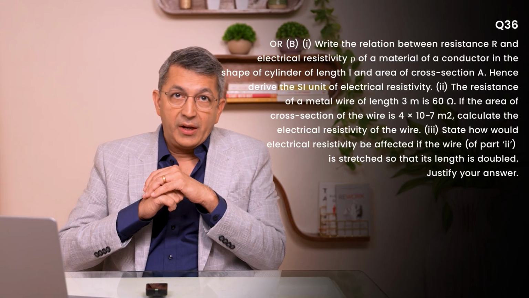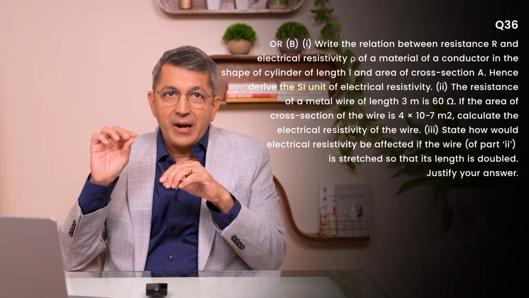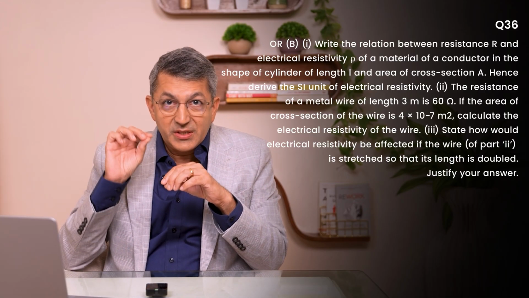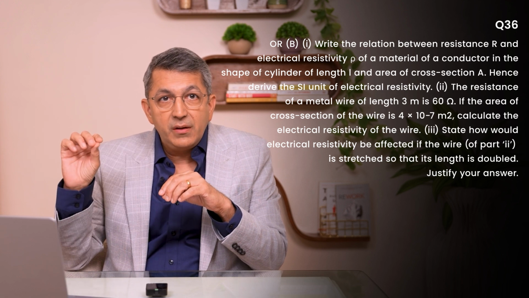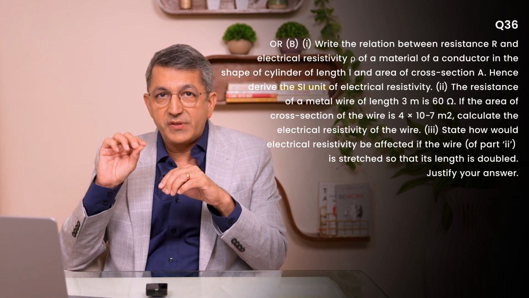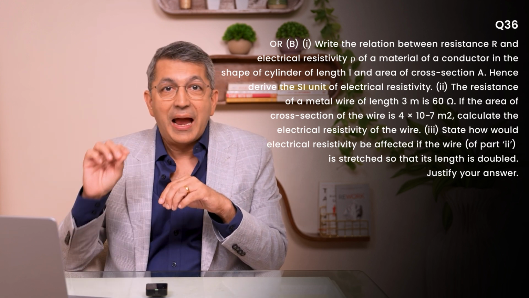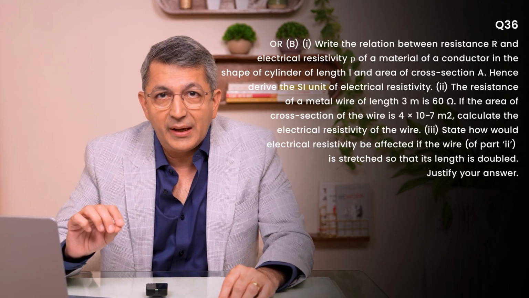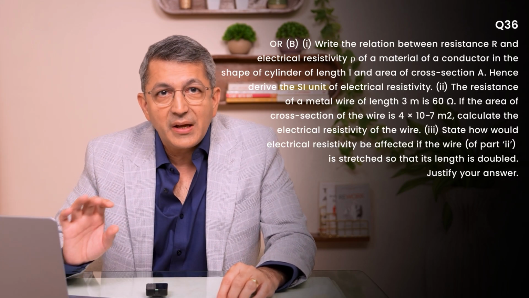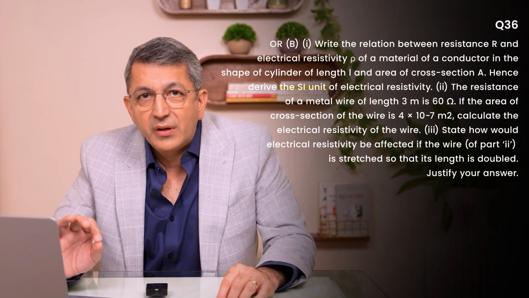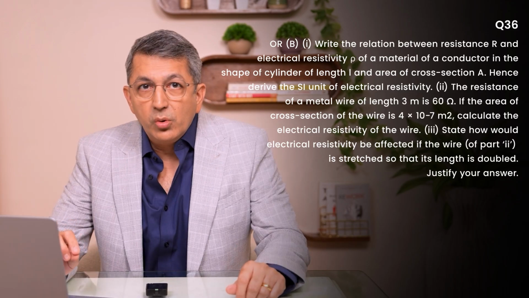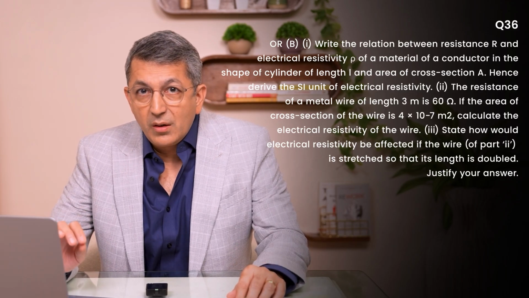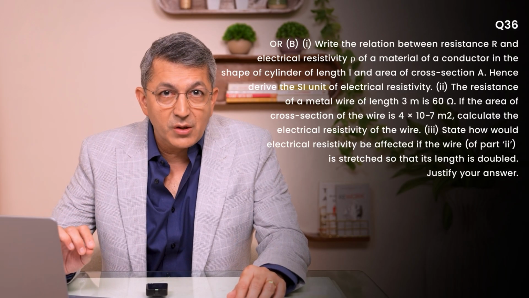B1. Write the relation between resistance R and electrical resistivity ρ of a material of a conductor in the shape of a cylinder of length L and area of cross section A. Hence, derive the SI unit of electrical resistivity. 2. The resistance of a metal wire of length 3 meters is 60 ohms.